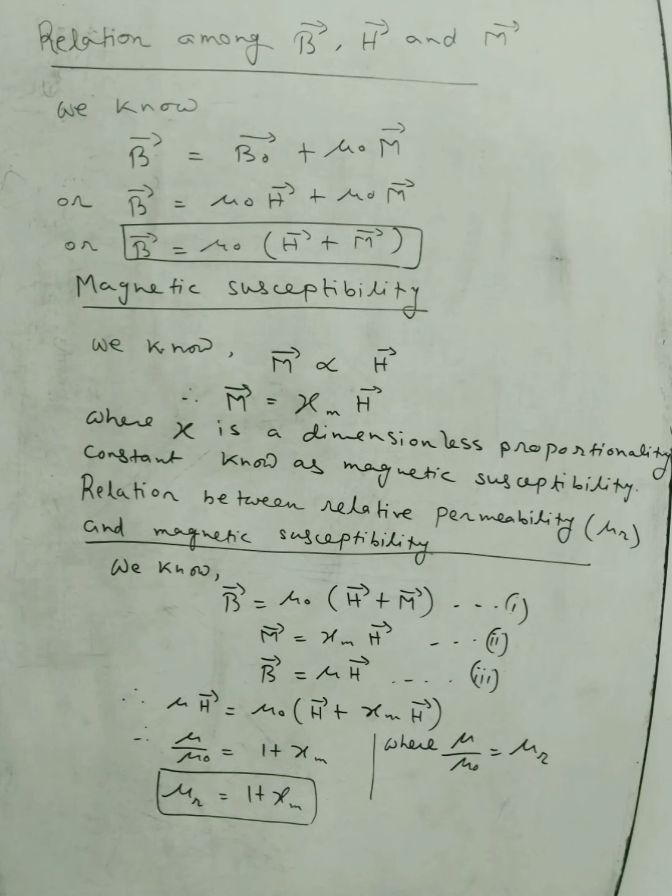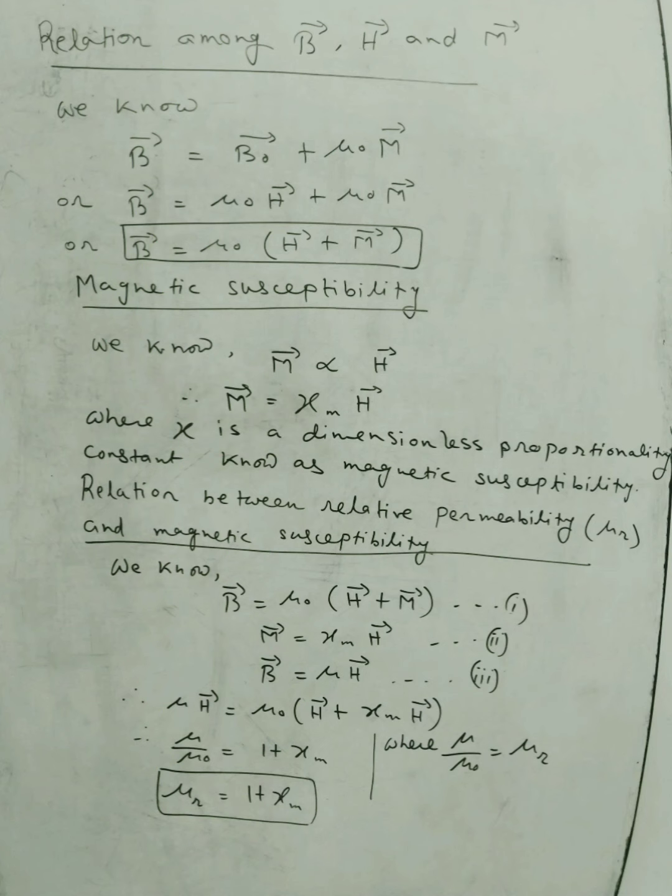Now I'm going to discuss the famous relation between relative permeability and magnetic susceptibility. It is very important for you. We know that B vector is equal to mu 0 times H vector plus M vector. That's why M is equal to xi into H and B vector is equal to mu into H vector.